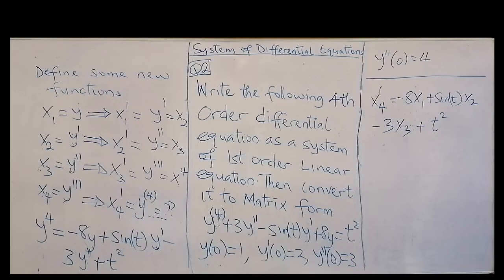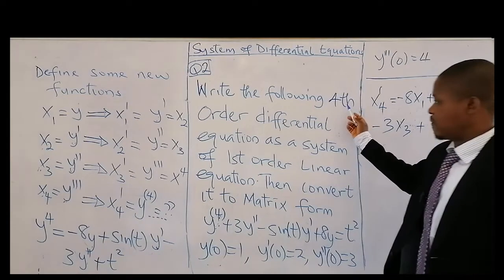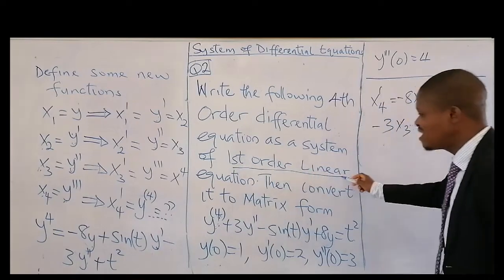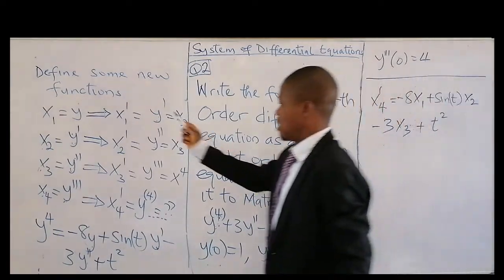We've done all what we are told to do: write the fourth order differential equation as a system of first order linear equations. We have done that. This is it.